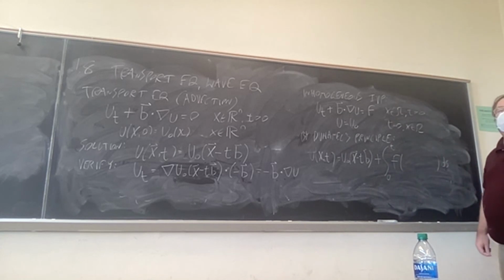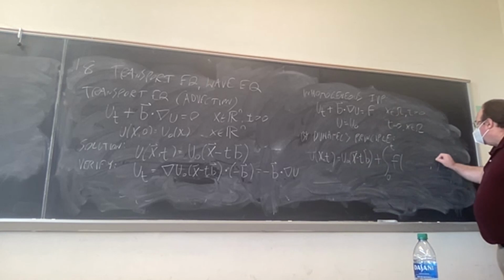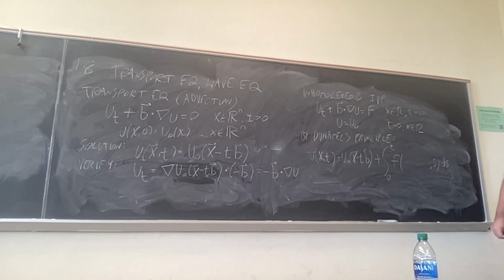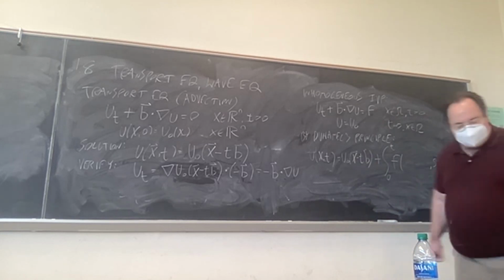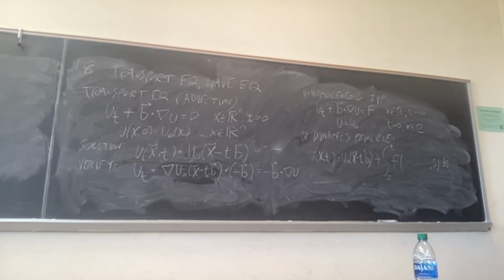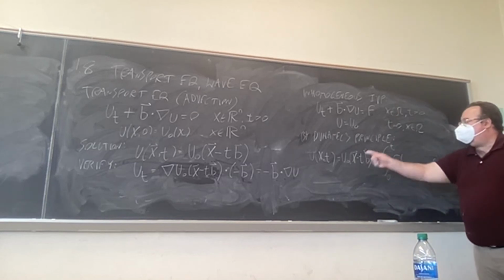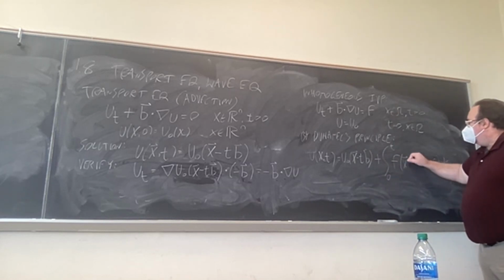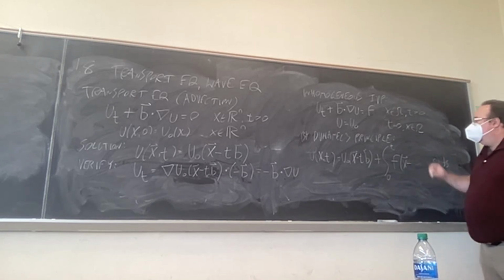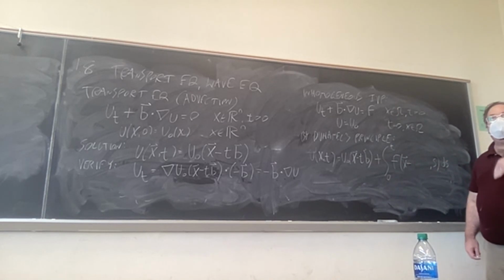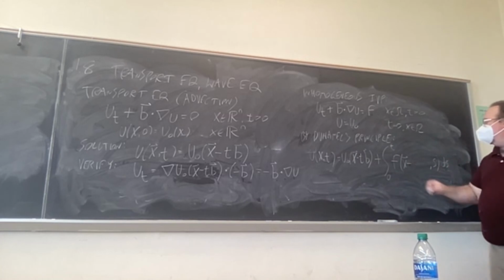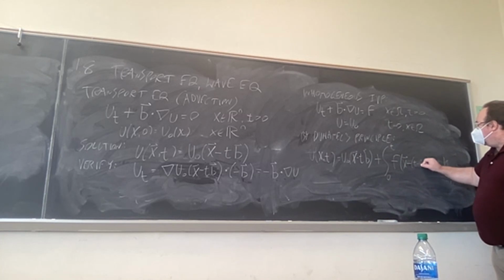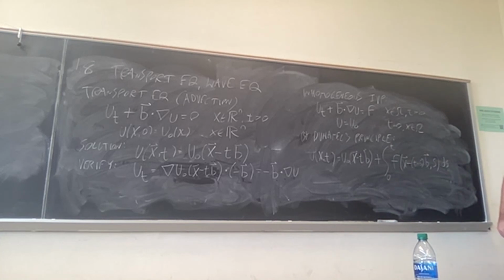So f is a function of x and t. So we evaluate it at time s, and then we treat it as initial data, and then we evolve it from time s to time t. So what does that mean? It's the same thing that we see here, x minus, but because we're starting at time s and going to time t, this time span is t minus s instead of just t. Okay.